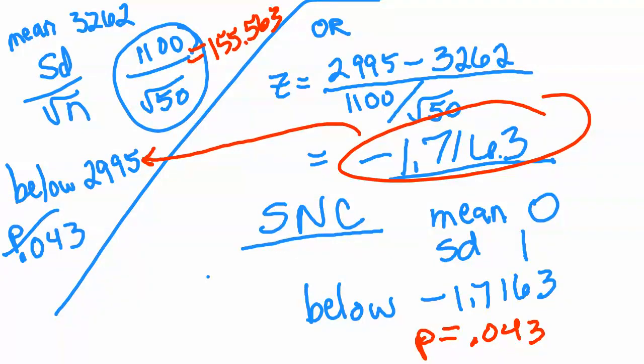And again, the t formula is the same. It's the sample mean minus the claim mean divided by the standard deviation of whatever one they give you. They should give you the sample standard deviation for the t formula. That's the only difference. And then divided by square root of n. Same formula, pretty much. Then you just go to the t calculator.